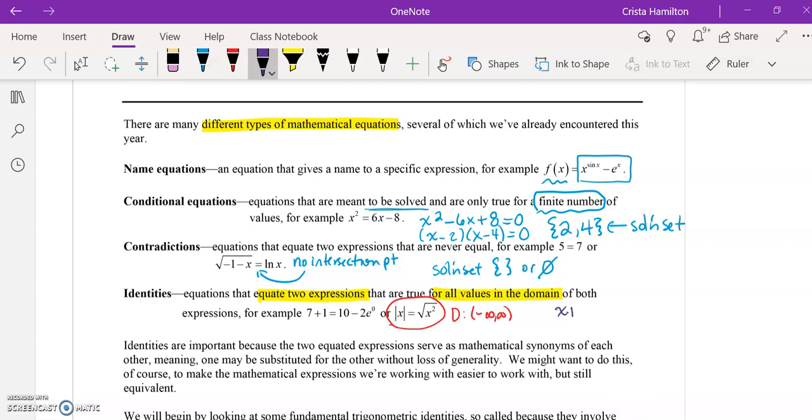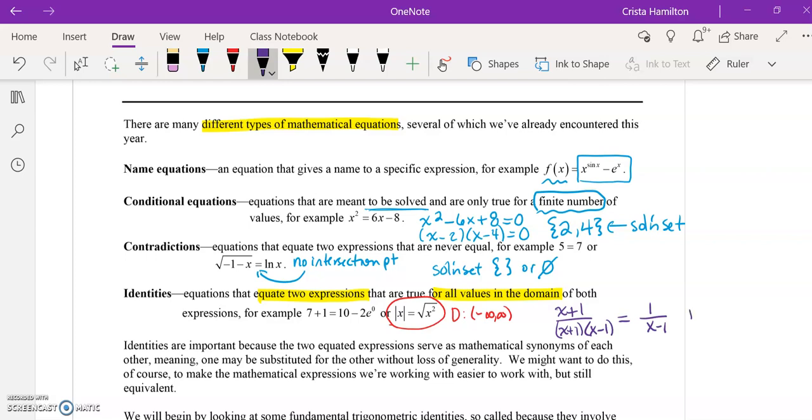So if I had something like (x + 1) over (x + 1)(x - 1), that is equivalent to 1 over (x - 1), but only on the values in the domain of both expressions. And we know from over here, remember, that this is not defined when x is plus or minus 1.